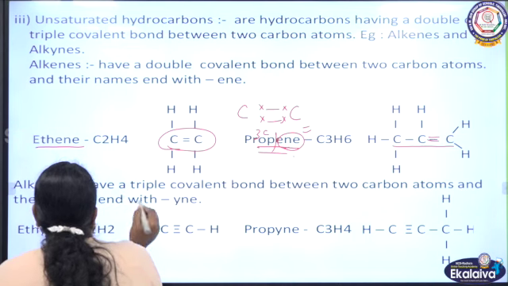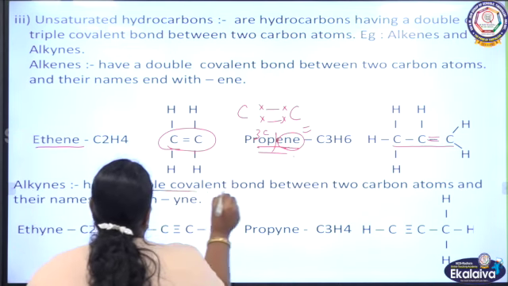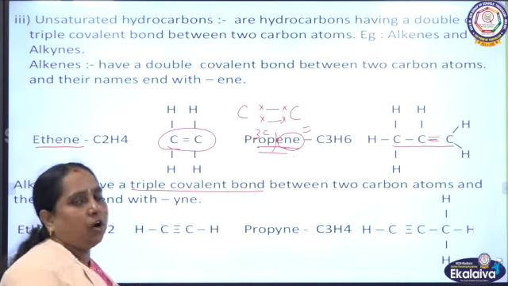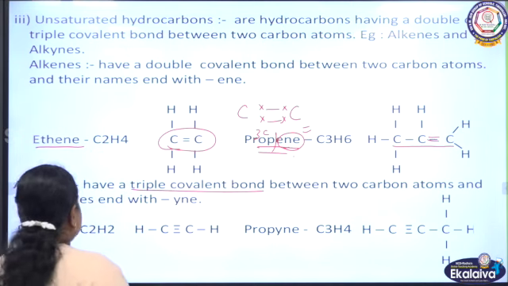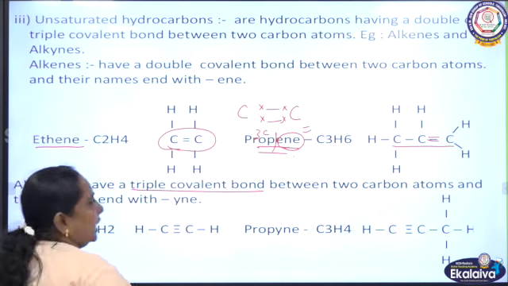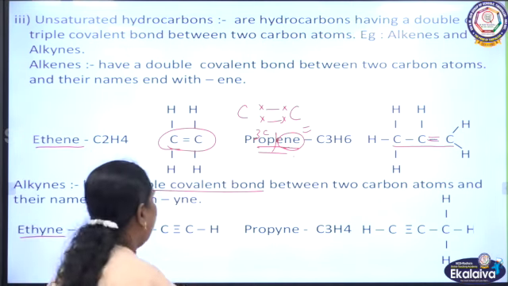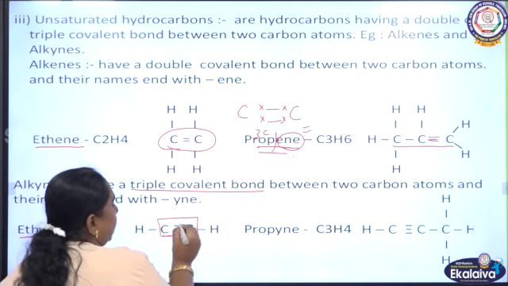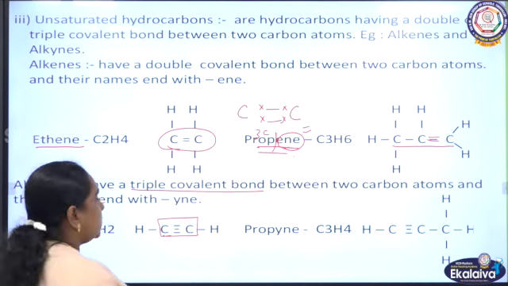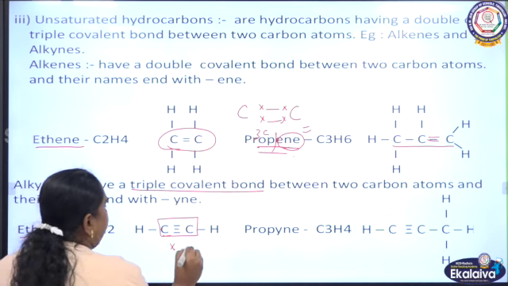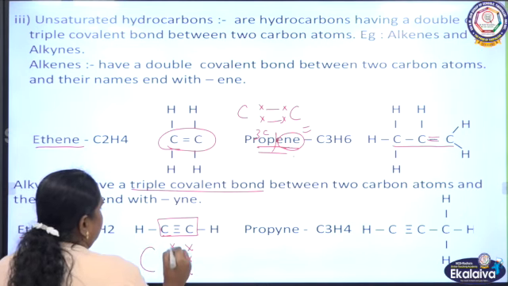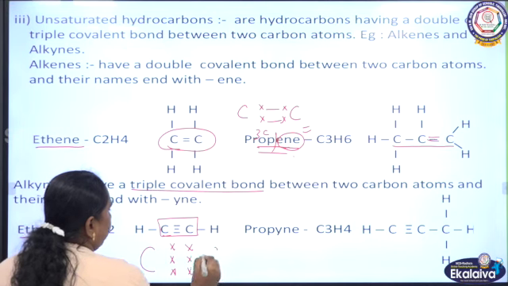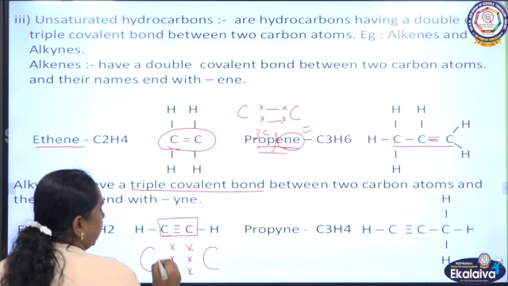And alkynes, they have the triple covalent bonds in between the carbon atoms, in any place it may be. The first member of alkyne is ethyne, where 2 carbon atoms are present. Between the 2 carbon atoms, there is a triple bond, which shows that 3 pairs of electrons, these are the electrons of first carbon and these are the electrons of second carbon.